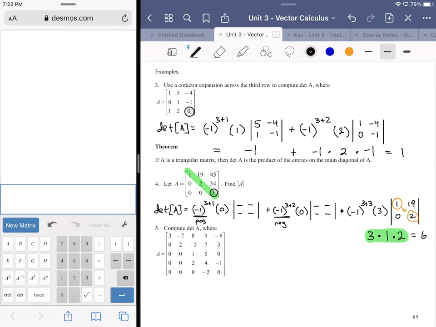If you copy a set of data and then paste special as a transpose, it'll take all your columns and organize them as rows. What that would do is allow that first column, which has all zeros but one value, to become a row, which would then allow me to use my cofactor expansion across rows.